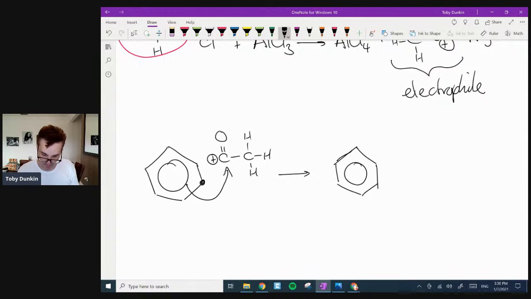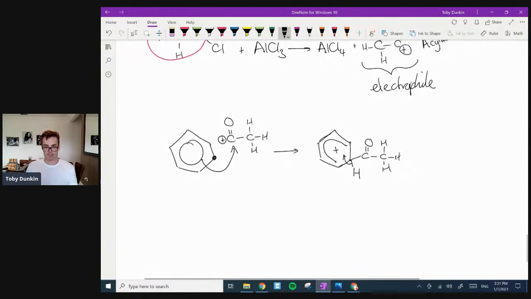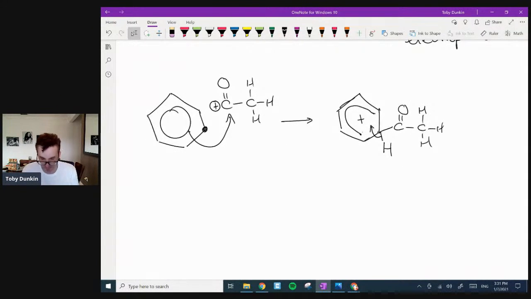You'd have thought my pictures of benzene would get better. So I've now attached this group, and an H has magically appeared, and I've got to break my ring, horseshoe, and it hops back in, and we're done. Regeneration of the catalyst, surprise, surprise, is the same.